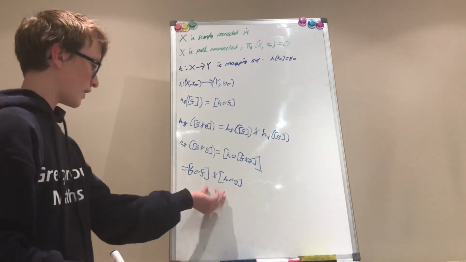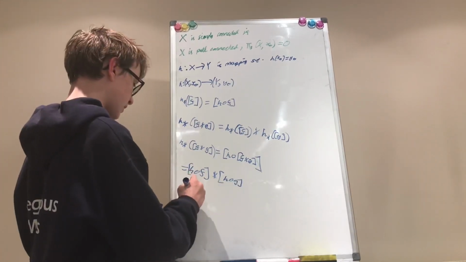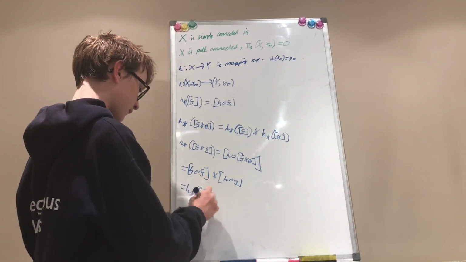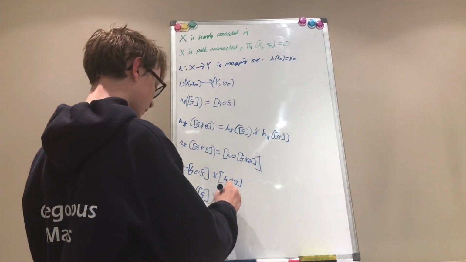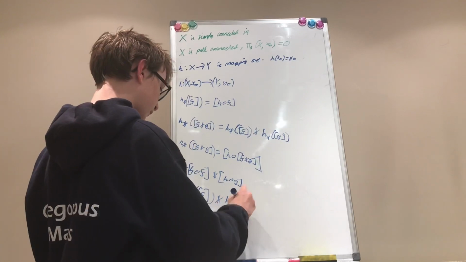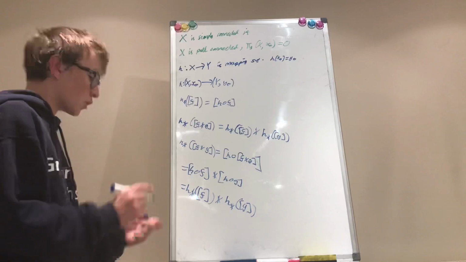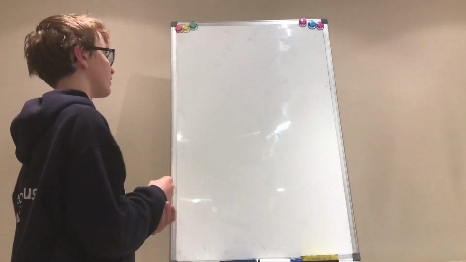And this is equal to H star of the equivalence class of f star H star of the equivalence class of g. Voila! It's a homomorphism.